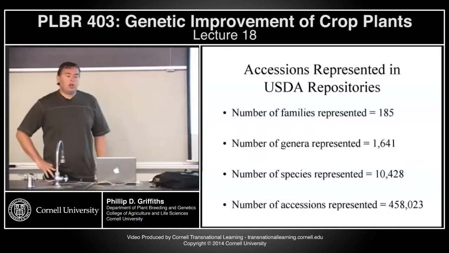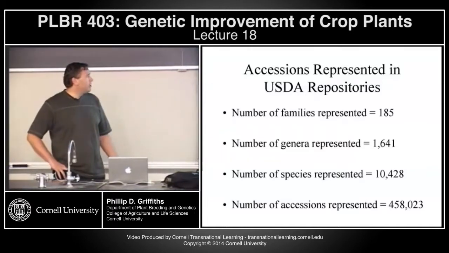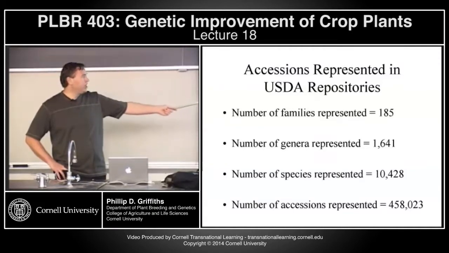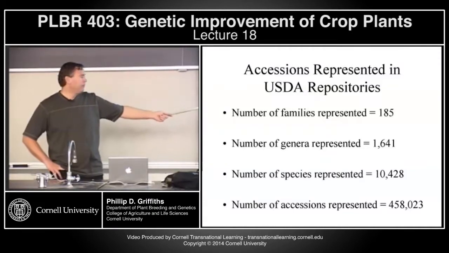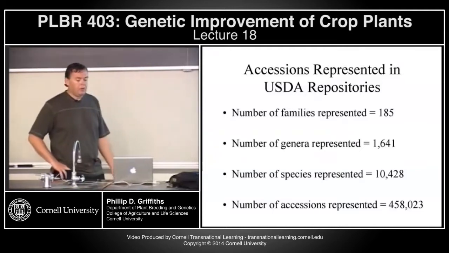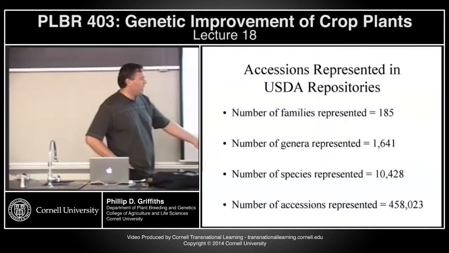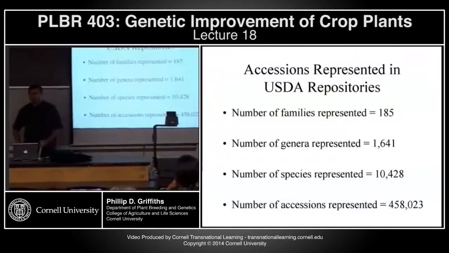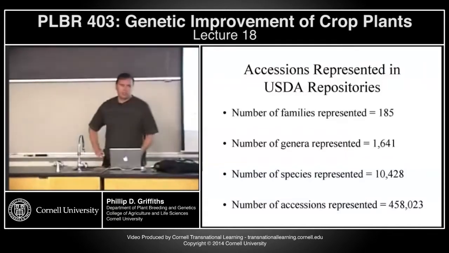So the germplasm centers within the US are quite expansive. They represent 185 families, 1,600 genera, over 10,000 species, and the total number of accessions held is about 460,000. This is a little out of date. It's closer to 480,000 now based on recent collections.